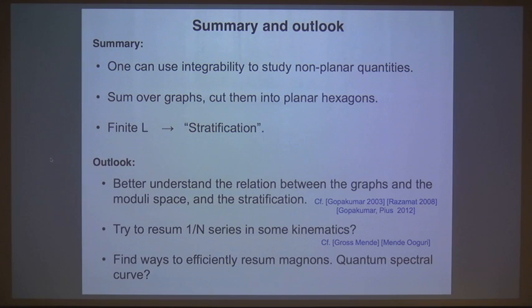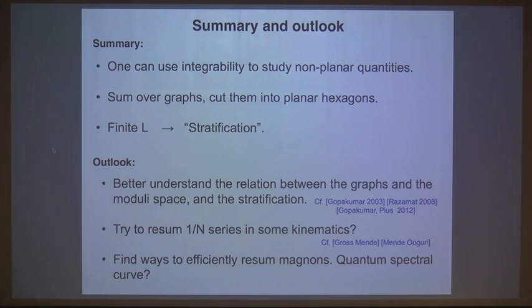About outlooks, the first thing I want to say is that it would be much nicer if we can better understand the relation between the graphs and the moduli space, and also the stratification. I think it is perhaps worthwhile to revisit the stuff discussed by Gopakumar and Razamat and Gopakumar and Pius, which are basically the free holographic dual of the free field theory.